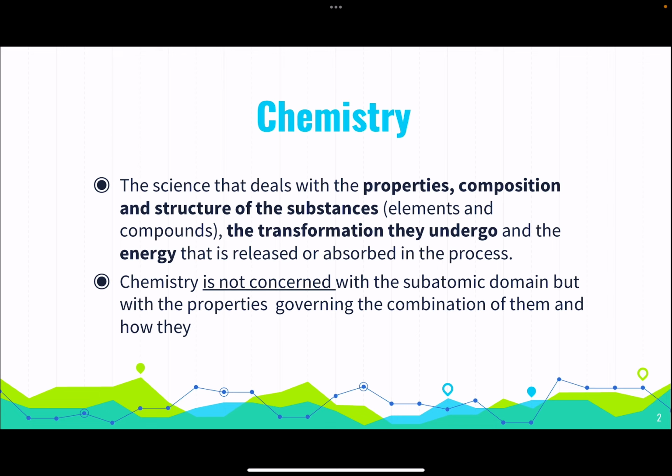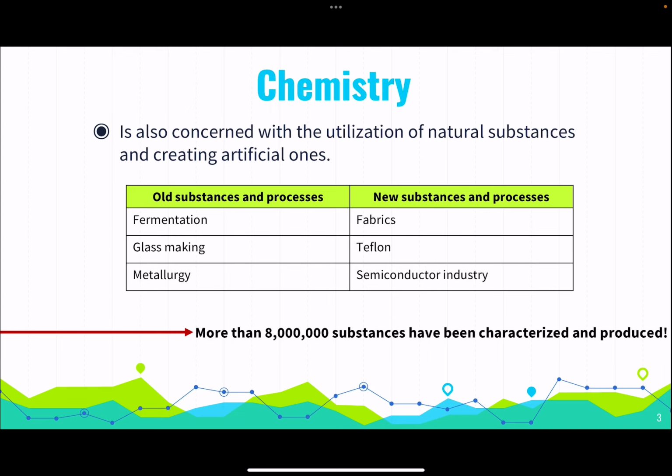Remember, we have the properties, the composition, but also the transformations they undergo. So it says chemistry is concerned with how we use natural substances and how we can create artificial ones.